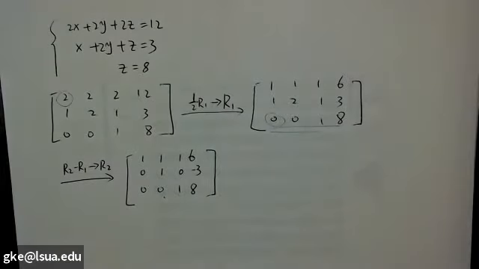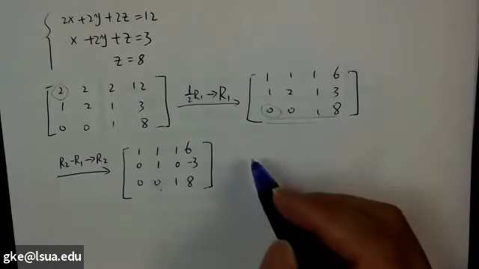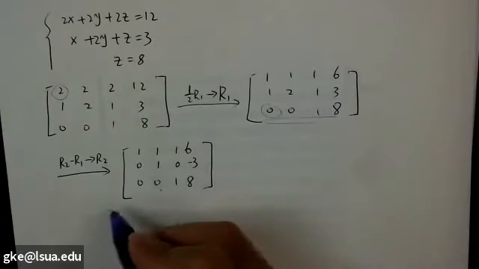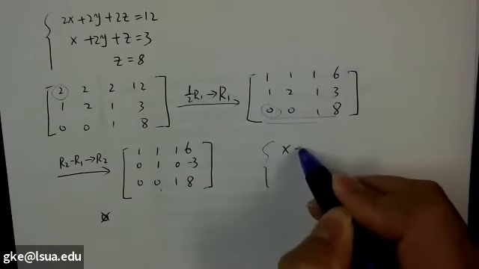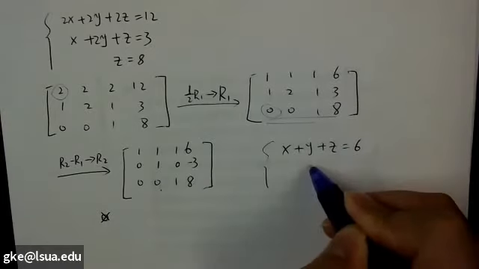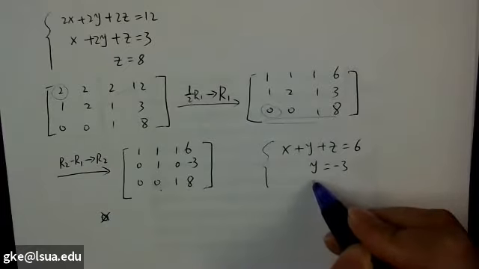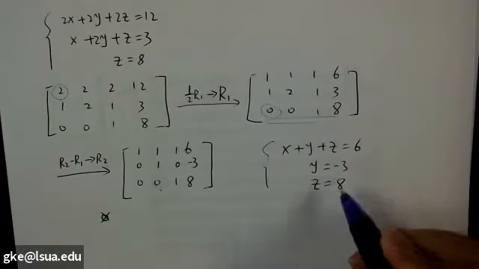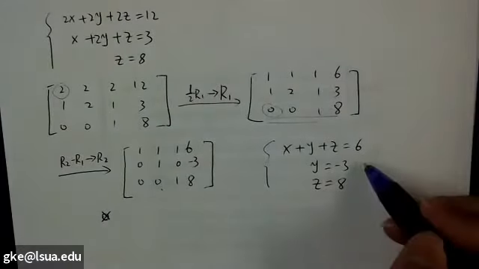So we just keep it. Now we're going to have the solution. We have the equation x plus y plus z equals 6, y equals -3, z equals 8, right? And then use back substitution we learned before.